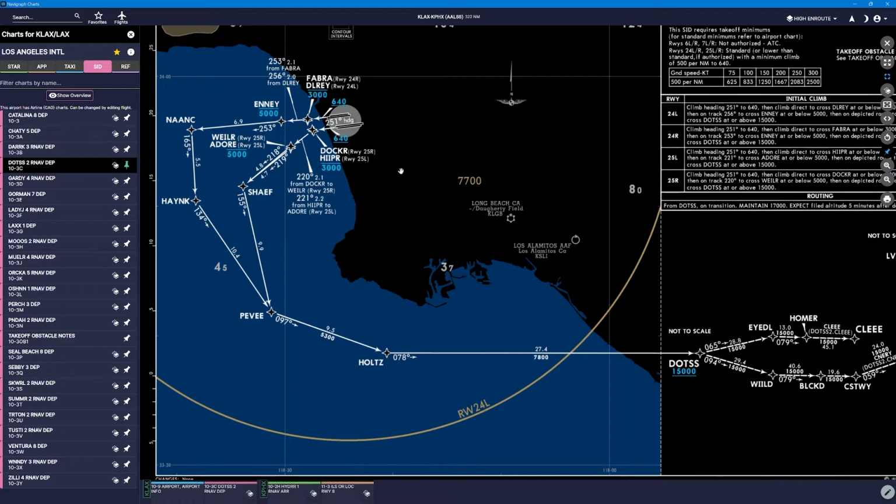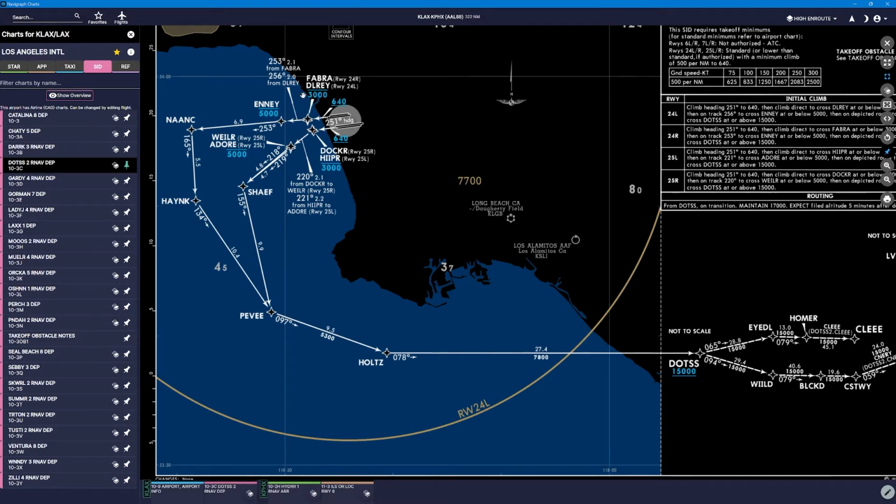Okay, so that is the departure. It's just a predefined set of waypoints to keep you out of the way of other air traffic and to get you to where you're going by the most efficient and easiest route possible. These are restrictions.